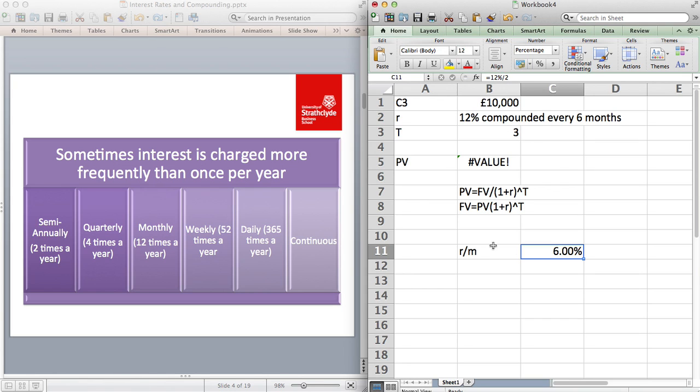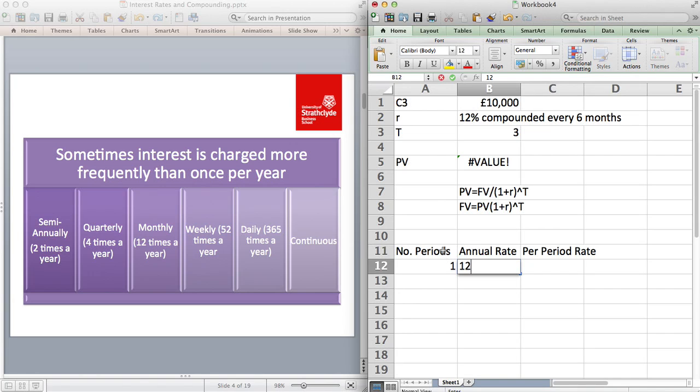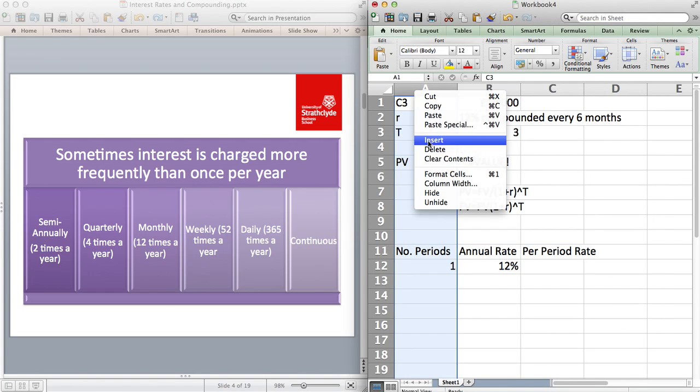Let's say that it's 12% compounded quarterly. What we're going to do is create a table here with the number of periods, the annual rate, and the actual per period rate.